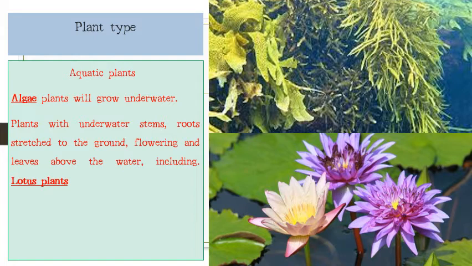That plant has a stem under the water, and the roots stretch to the ground, and the flower and the leaves are placed above the water, and that plant is named lotus plant.